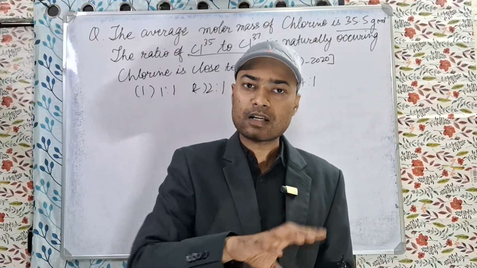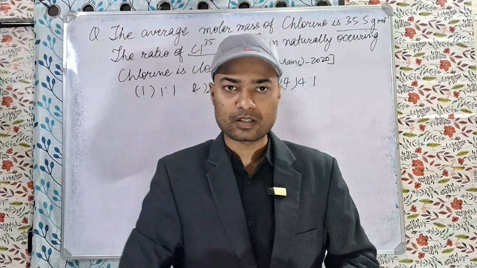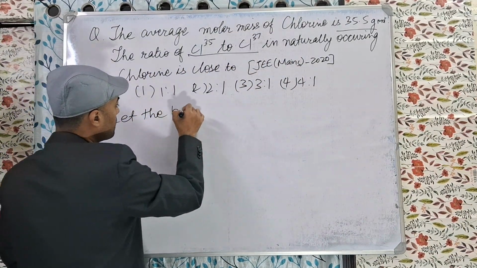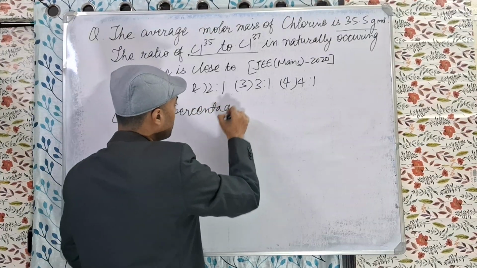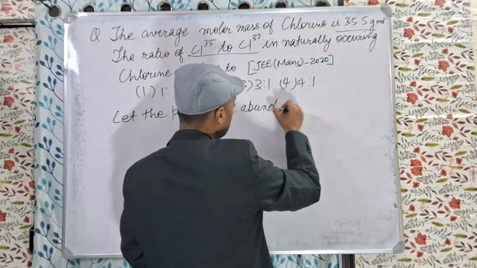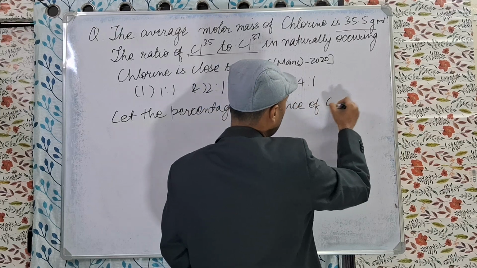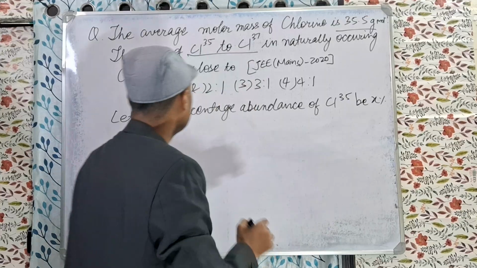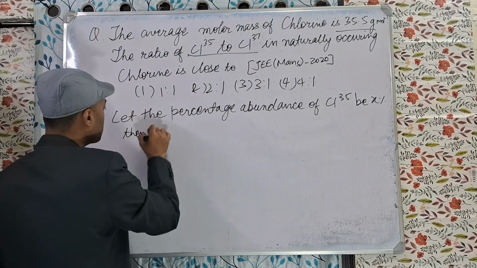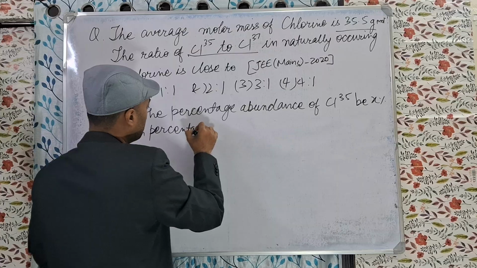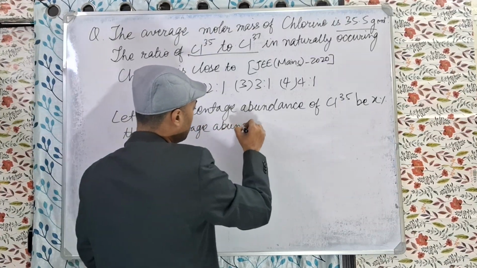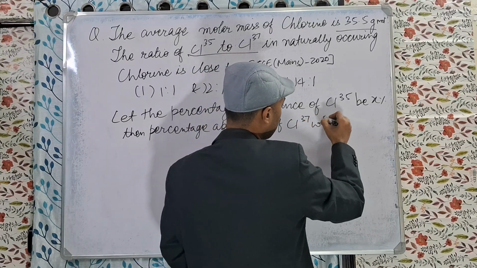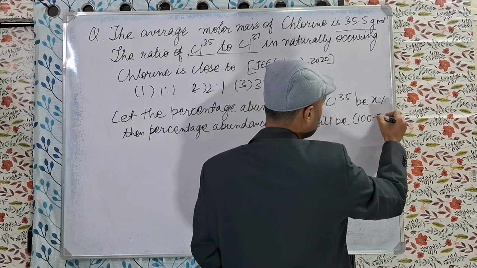So let the percentage abundance of chlorine 35 be X percent, then the percentage abundance of chlorine 37 will be 100 minus X percent.